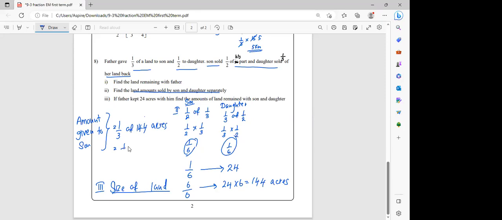Then 1/3 means 1/3 into 144. Then divide, 3 fours are 12, 48. 48 acres given to son.